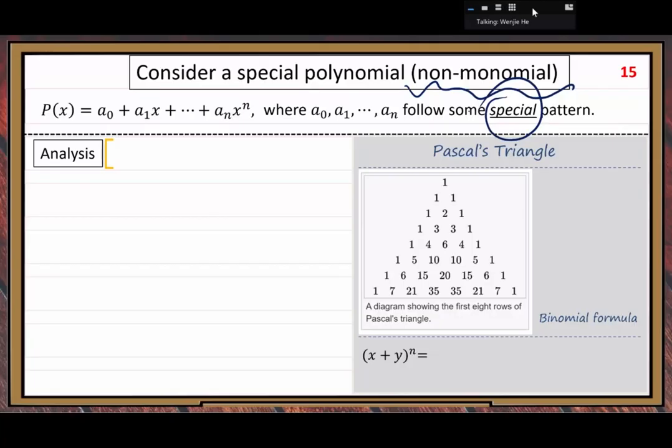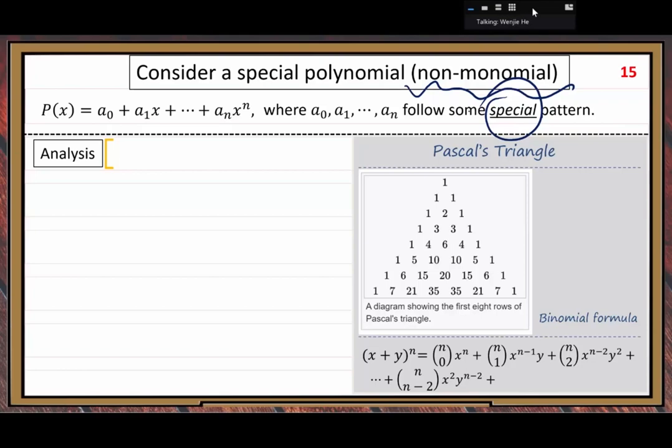And there is a formula, the binomial formula, for this expression. So you expand this binomial, then you get the coefficients, all these combinatorial numbers.